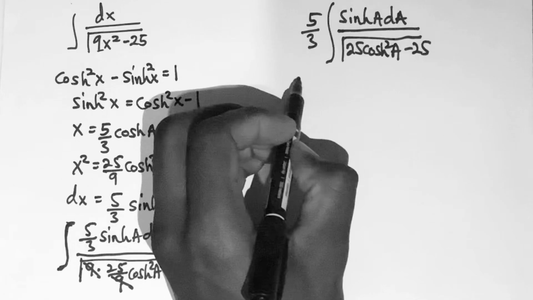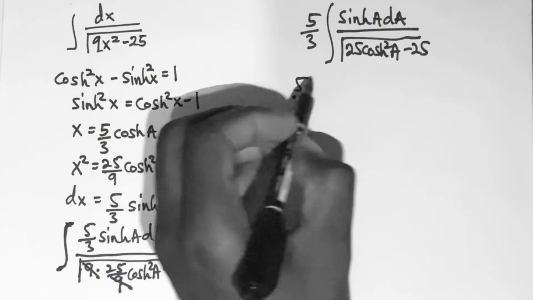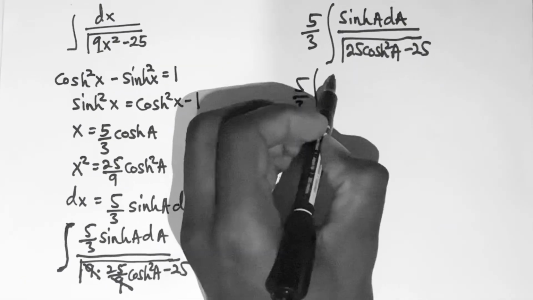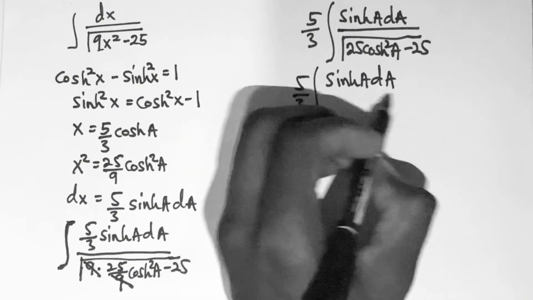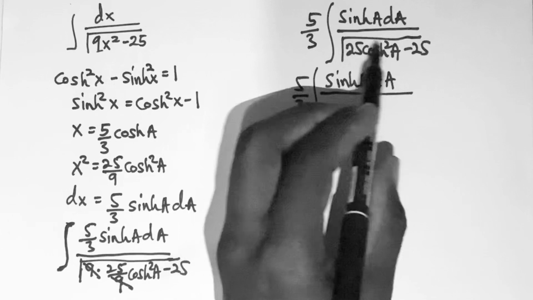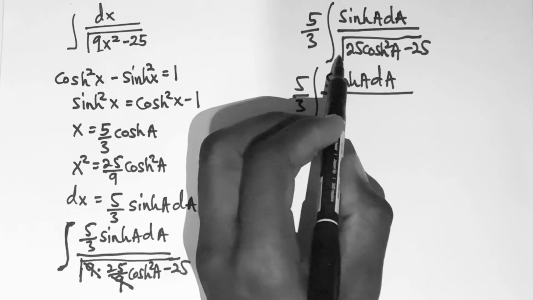So this is equal to 5 over 3, then the integral of sinh A dA divided by, now I want to factorize 25 out of the square root.